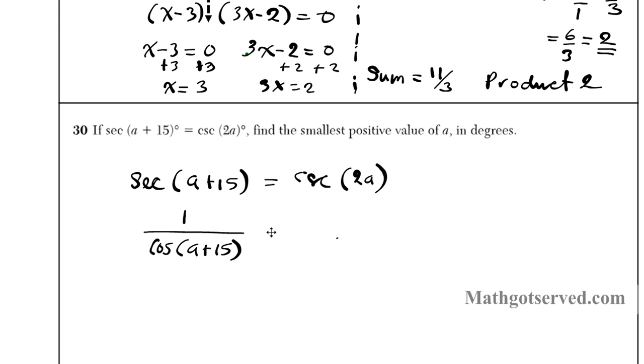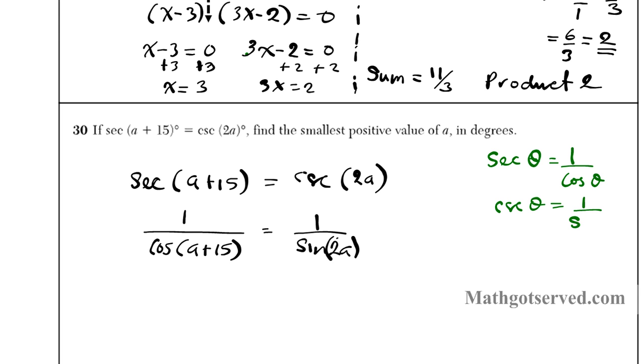And then cosecant 2A can be written as 1 over sine 2A. How do I know this? How can I make this substitution? Well, we're using the reciprocal identities, right? Remember that secant theta is 1 over cosine theta, and cosecant theta is 1 over sine theta. These are your basic reciprocal identities. That's what I did here.